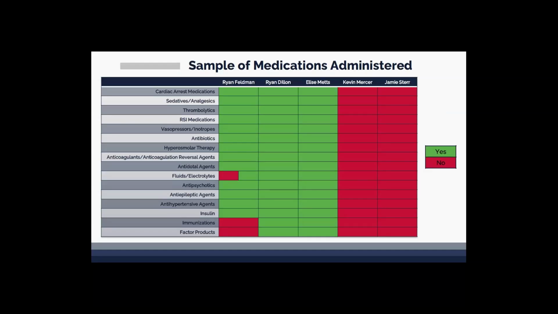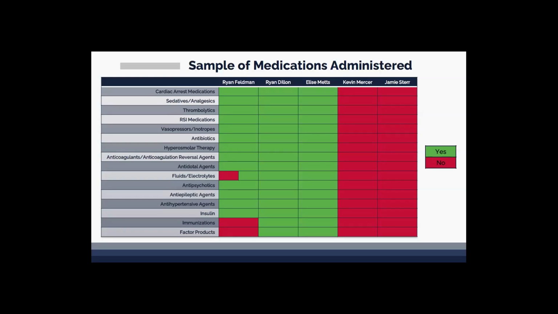I've also included here our different panelists and what practices look like at their institutions. You can see here, Kevin and Jamie are in red, and they'll talk a little bit about why shortly. They are working on getting medication administration up and running at their respective institutions. But you can see here for our remaining panelists, for Ryan, we've got two Ryans today, Ryan Feldman and Ryan Dillon, as well as Elise, what types or classes of medications these individuals are administering at their institution.